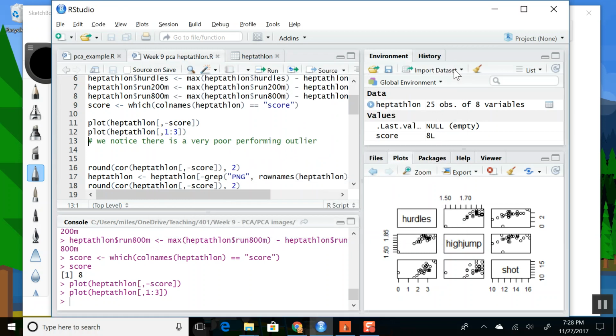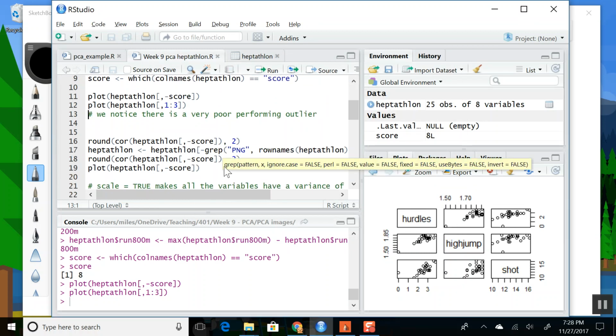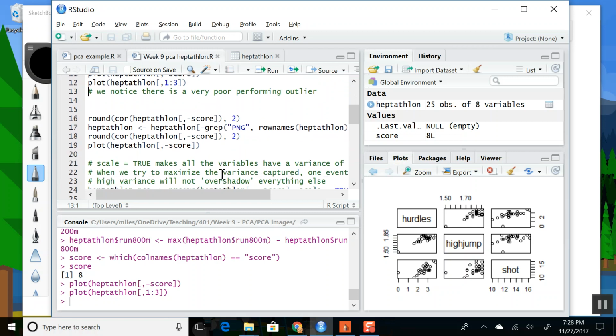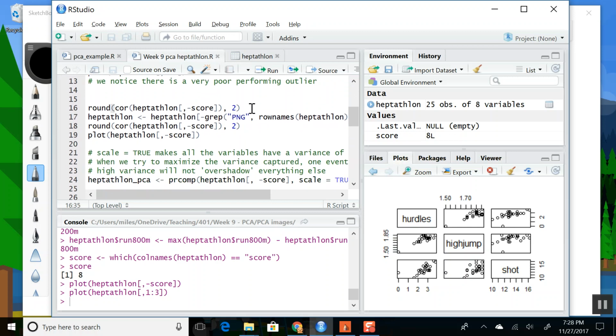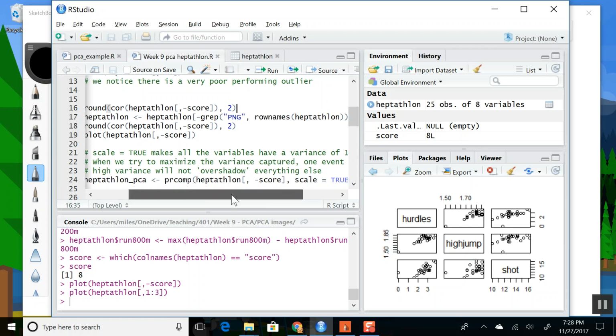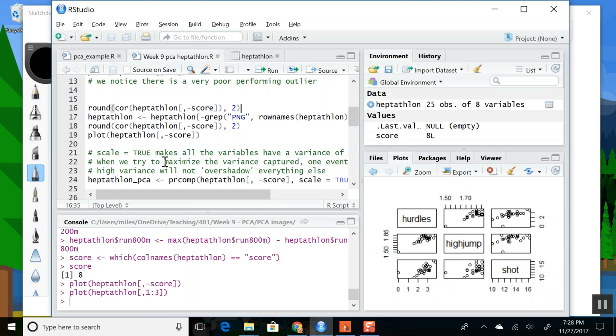So we may choose to remove that person, maybe not. Okay. What we'll do is calculate the correlation matrix of our athletes.